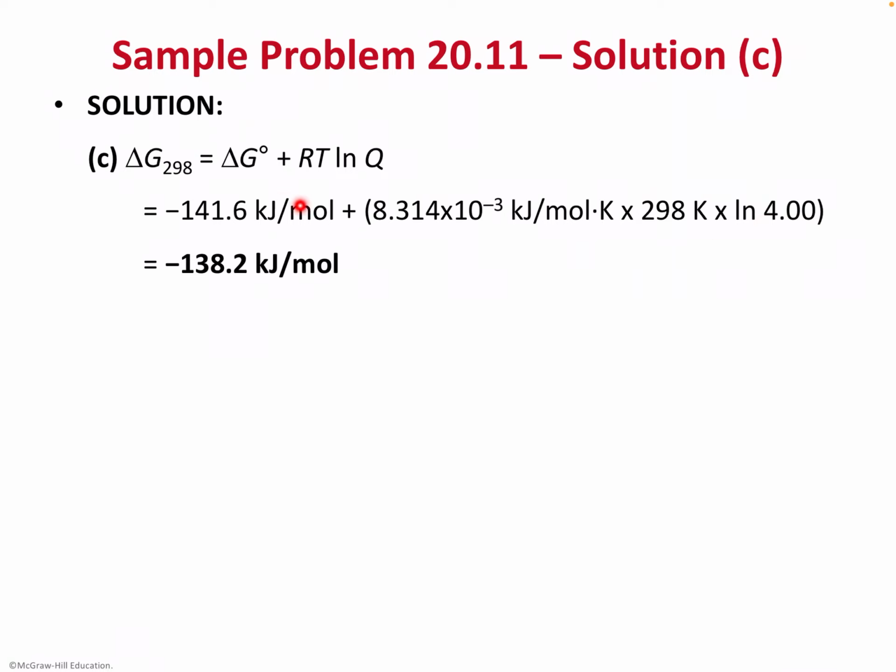When you solve for this, it gives us the delta G at this time, negative 138.2. It's spontaneous. Since Q is less than K, the reaction is proceeding to the right direction. So the delta G is negative 138.2.